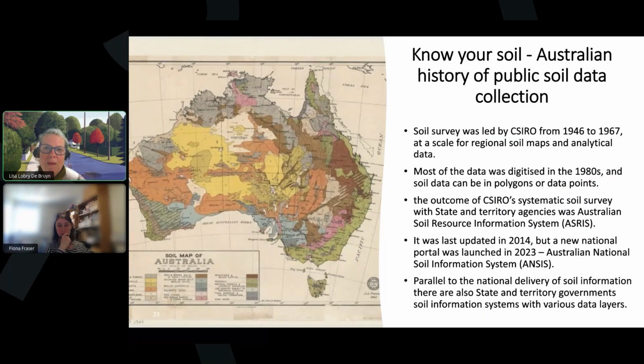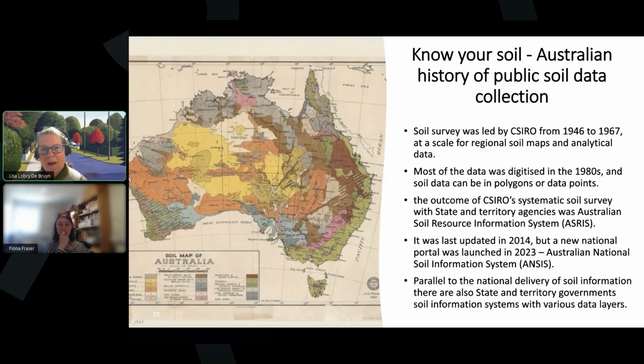The outcome of CSIRO largely leading it was to engage with state and territory agencies, and they produced a nationally wide Australian Soil Resource Information System. It had been around for some time, but 2014 was the last time it was updated, and a new national system was launched in 2023, the Australian National Soil Information System.